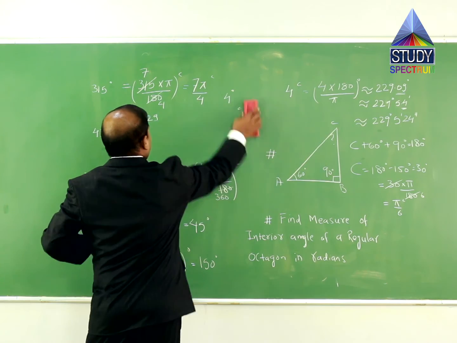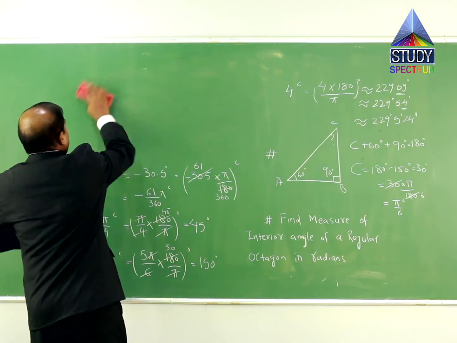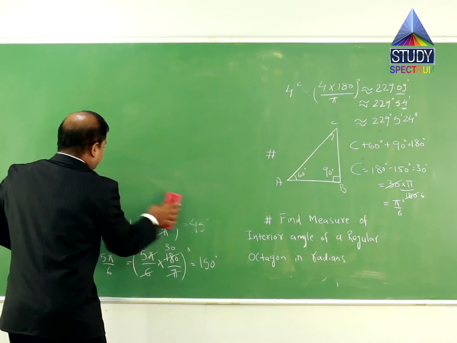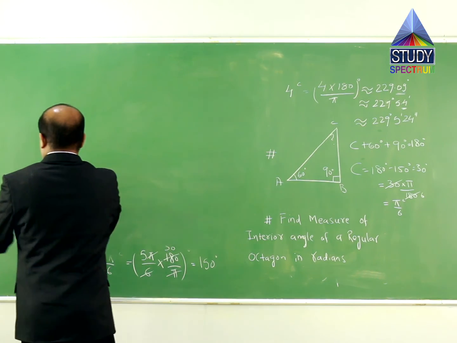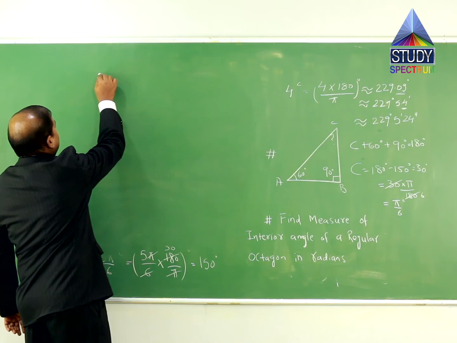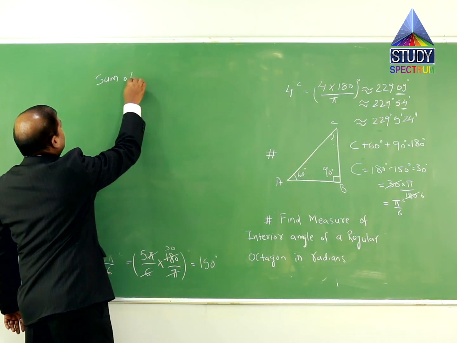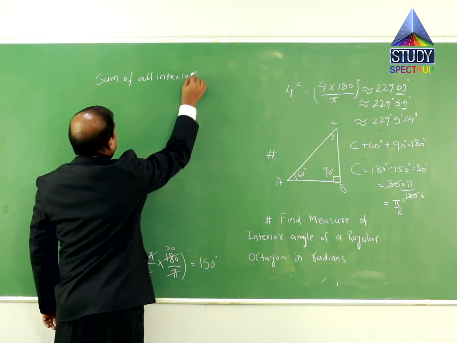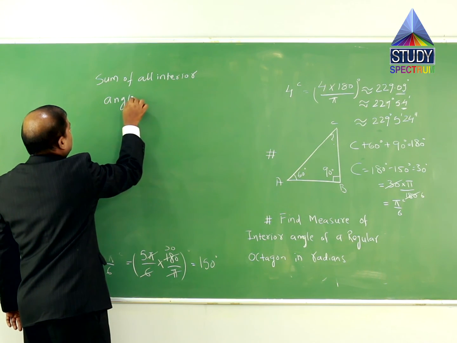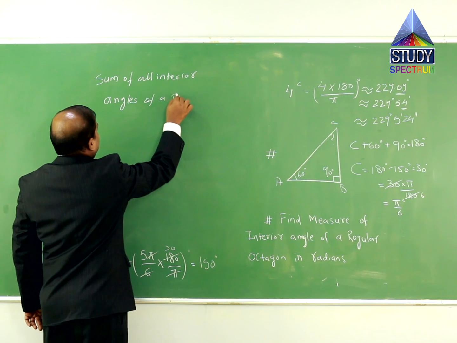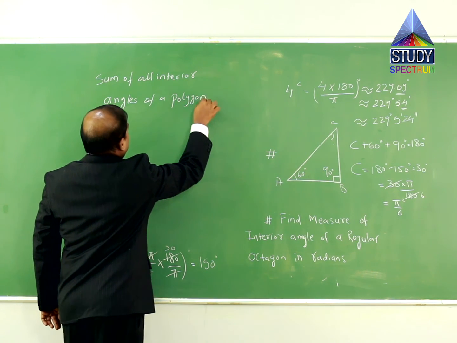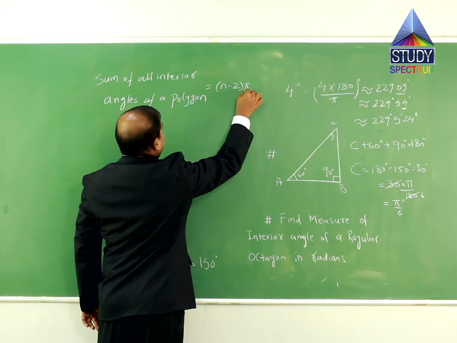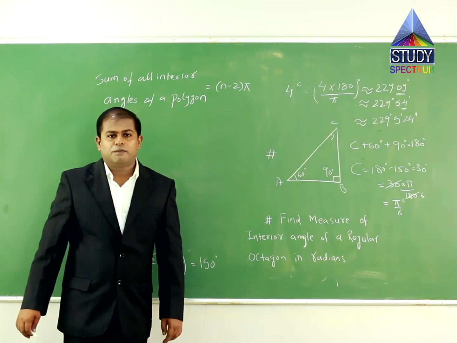So, I'll start with the sum of all the interior angles of any polygon. The sum of all interior angles of a polygon is given by the formula n minus 2 into 180 degrees or n minus 2 into pi radians.